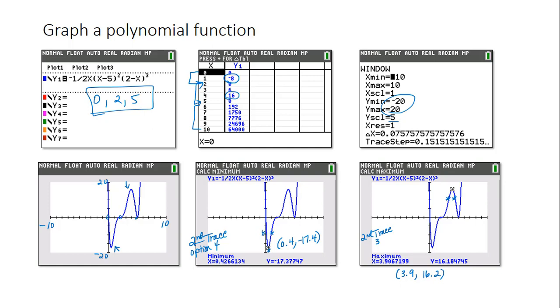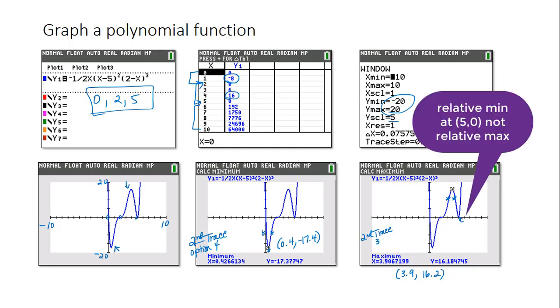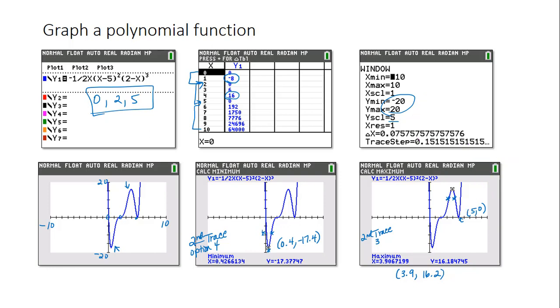And then notice that there is another relative minimum at that 0 of 5, the ordered pair 5, 0. So the relative minimums were 0.4, negative 17.4, and also 5, 0.